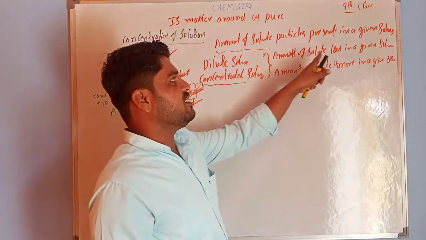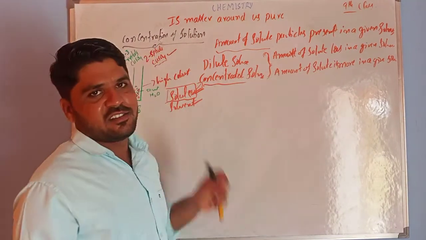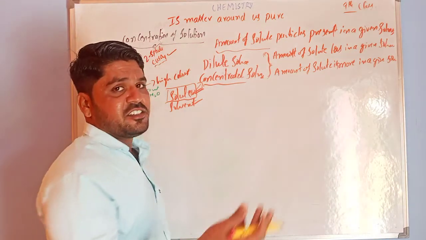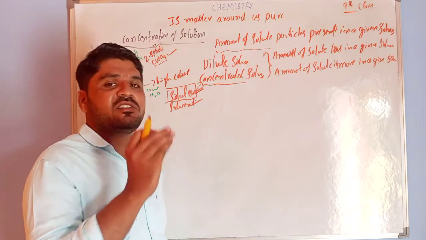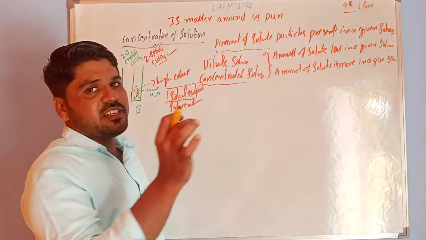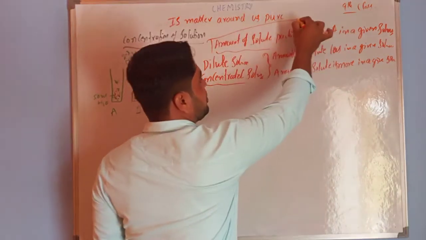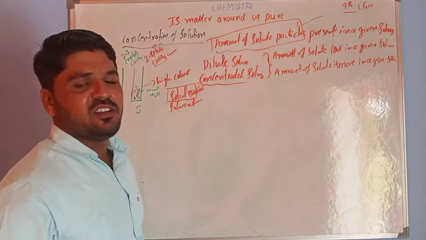If the solute particles are less, it is dilute; if more, concentrated. Generally, we talk about concentrated acids, concentrated bases or dilute bases. Concentrated and dilute depend on the amount of solute, and by the amount of solute we can determine the concentration of the solutions.